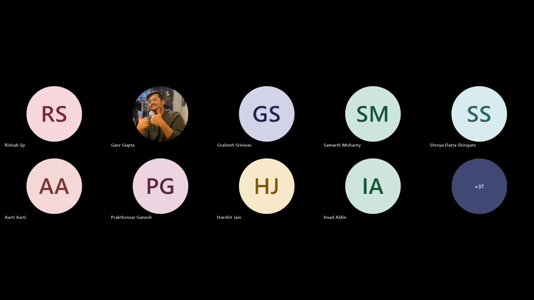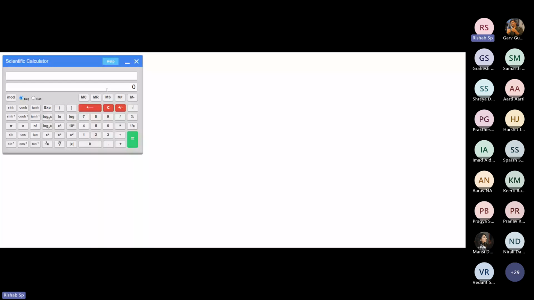Okay. If the software is the TCS iON one, we'll be getting the same software. So we need to find the negative exponential. First we'll do negative, then minus 1.5.